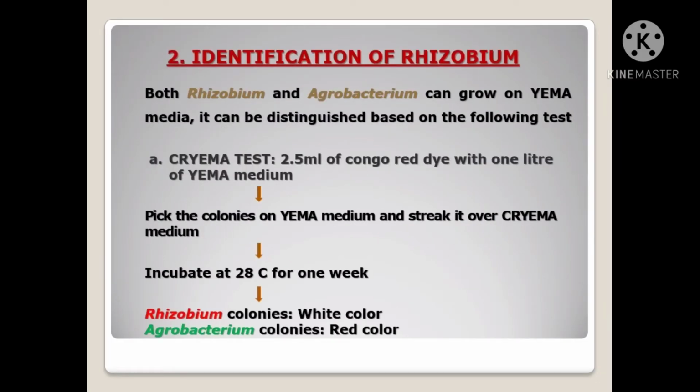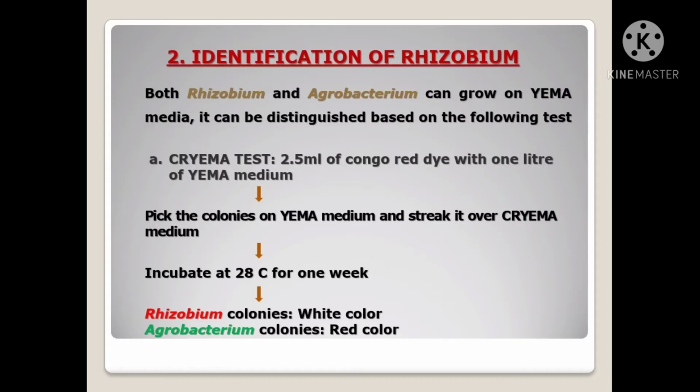Second step is the identification of rhizobium species. Both rhizobium and agrobacterium species can grow on YMA media. So, they can be distinguished based on the following tests, or we can correctly identify rhizobia by using these tests. First is the Congo red test.